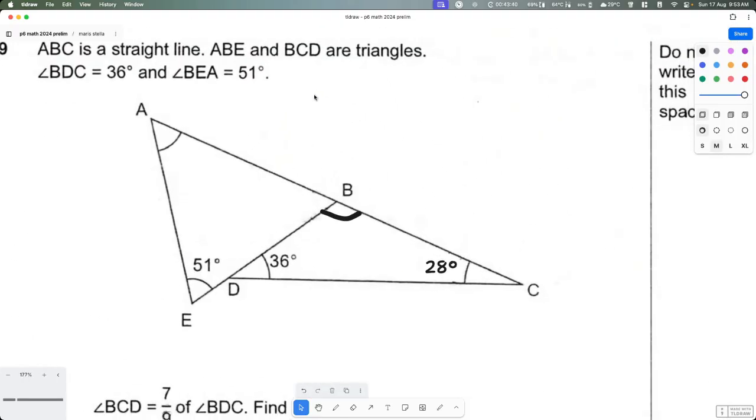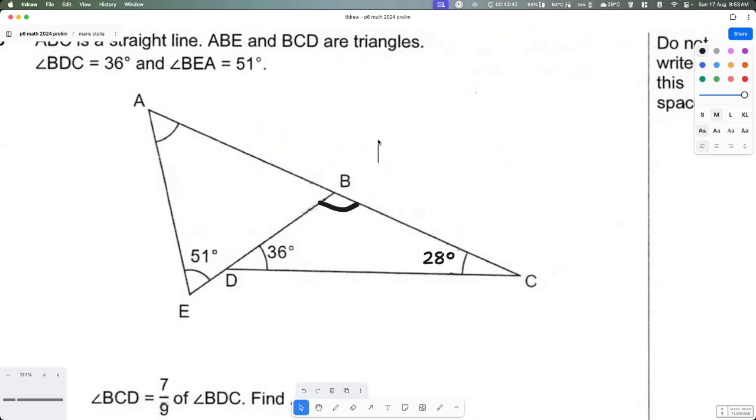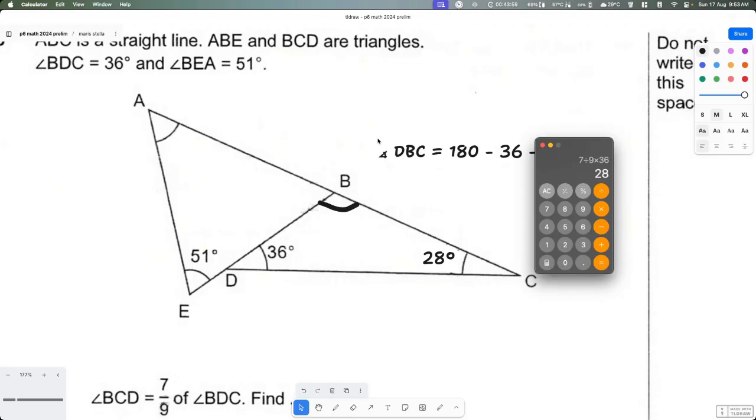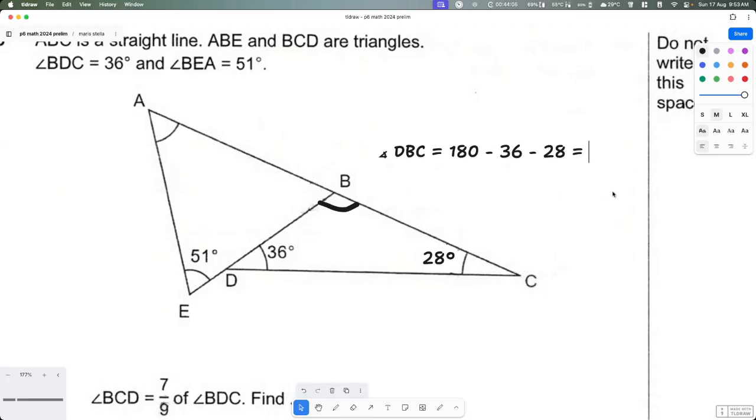Let's find DBC. Angle DBC is equal to 180 minus 36 minus 28. This will become 116 degrees.